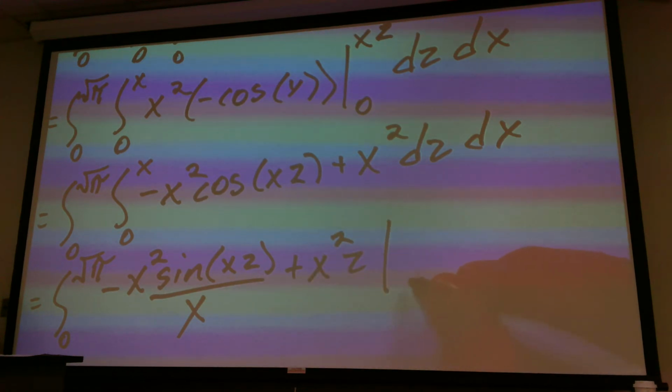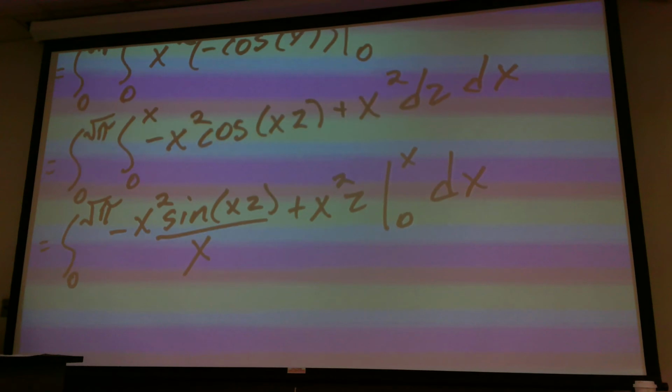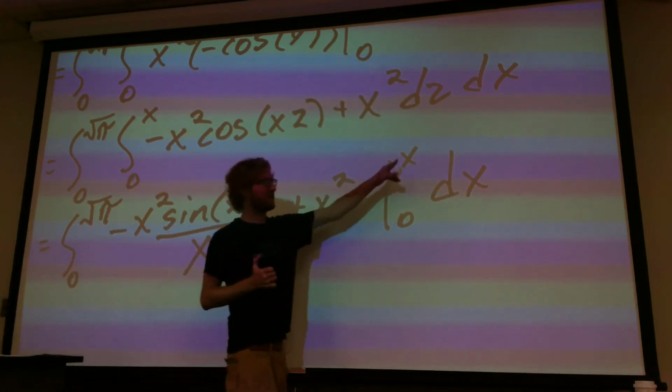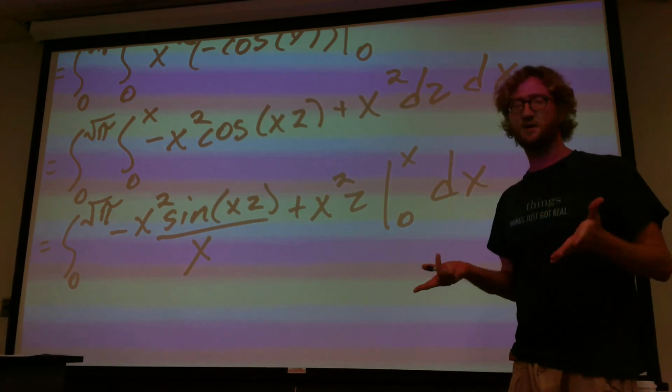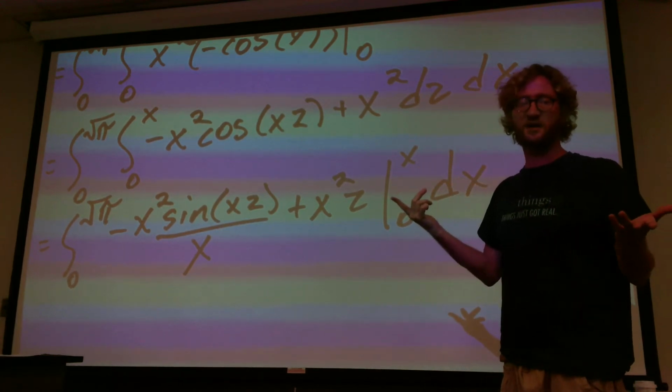Now this has to be evaluated at 0 and at x. And then we're going to have to, once again, integrate with respect to x. But whenever I replace the z's with the x, everything is going to be in terms of x. So that allows me to integrate with respect to x.